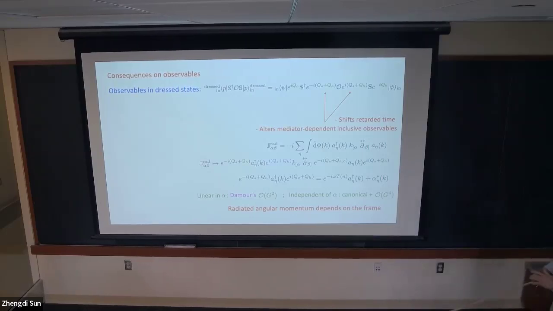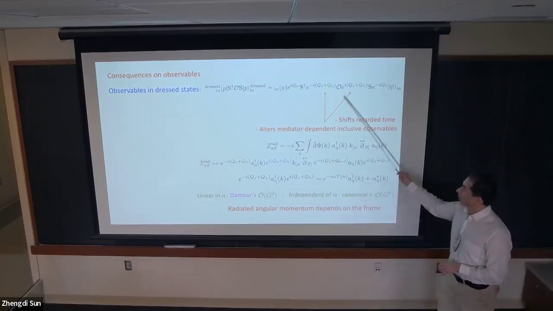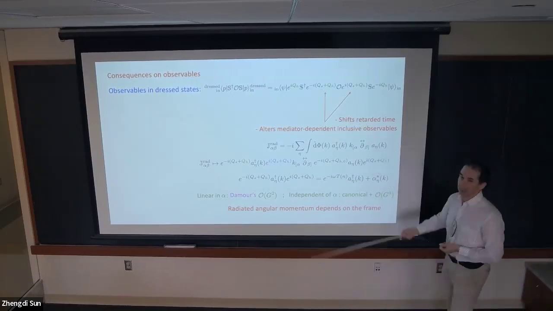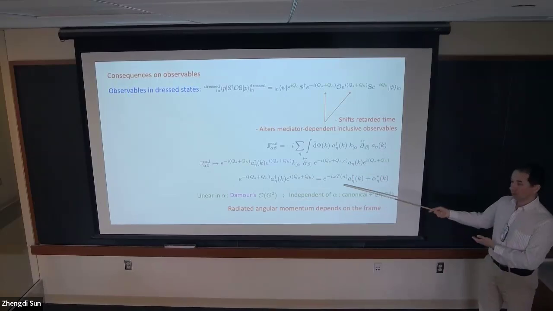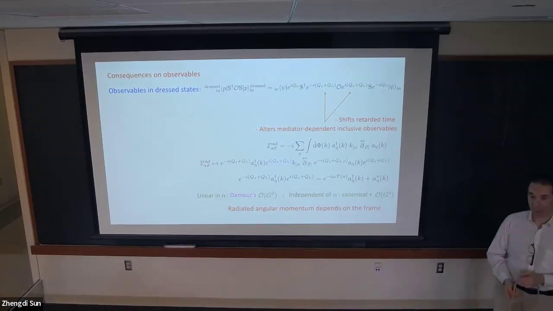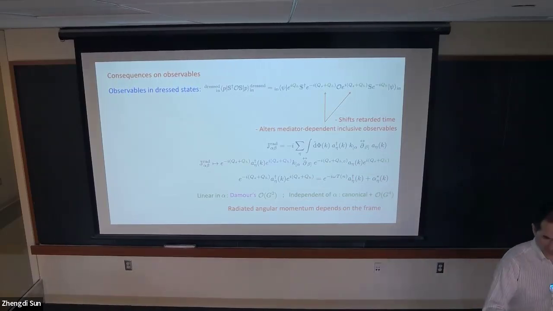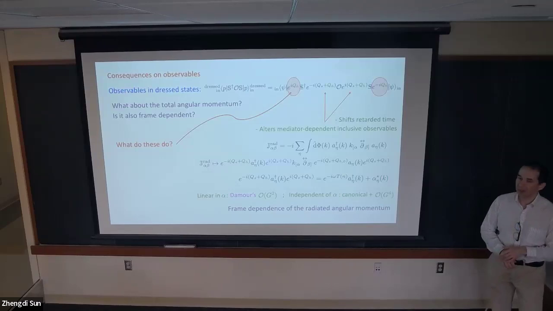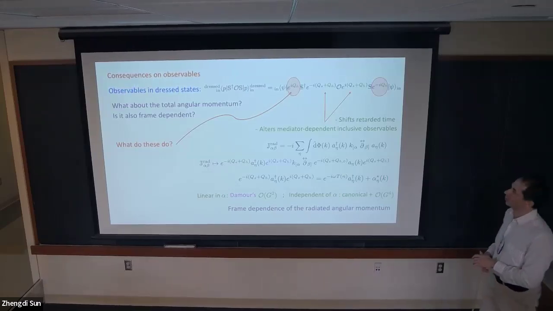Anyway, so yeah. Now, the conclusion of this little thing is that the radiated angular momentum depends on the frame. Right? We have this QS that defines for us a frame, so the amount of radiated angular momentum depends on the frame. Now, the total angular momentum is something that perhaps its conservation we hold a little bit more sacred than the conservation of the radiated angular momentum.